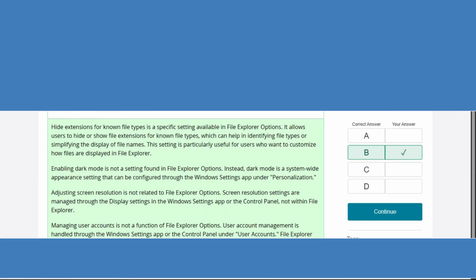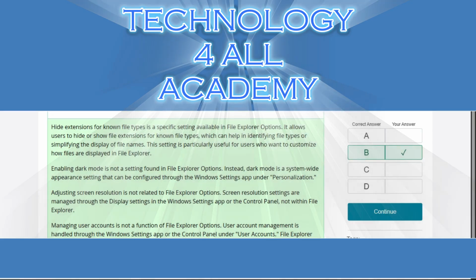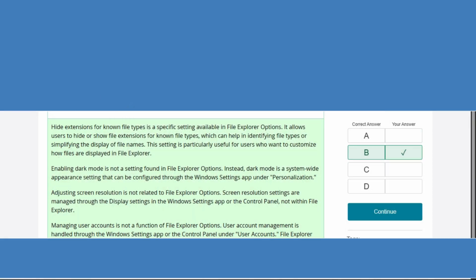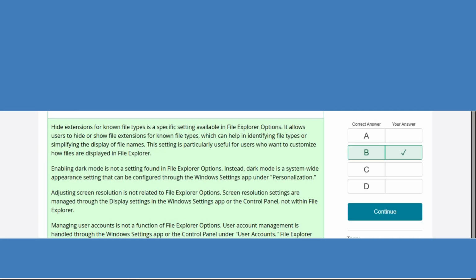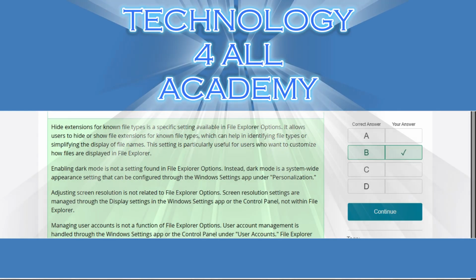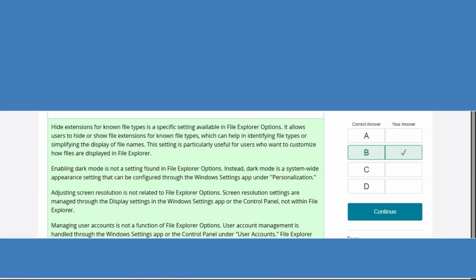And lastly, managing user accounts is not a function of File Explorer options. User accounts management is handled through the Windows Settings app or the control panel under User Accounts. File Explorer options are specifically for configuring how files and folders are displayed and managed in File Explorer.